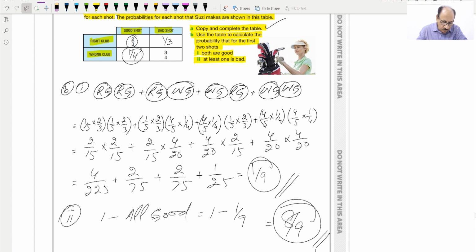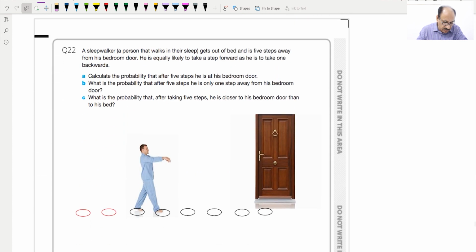Now we can go through the next question. This question is interesting and also very difficult, so you should be careful. A sleepwalker, a person that walks in their sleep, gets out of the bed and is 5 steps away from his bedroom door.